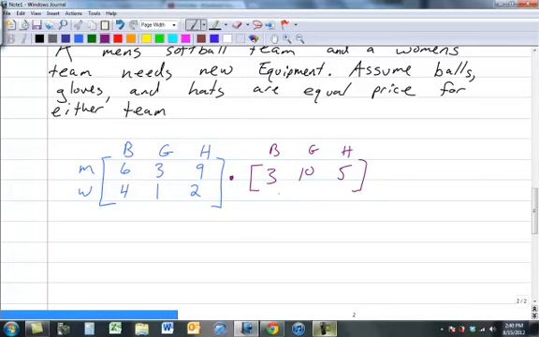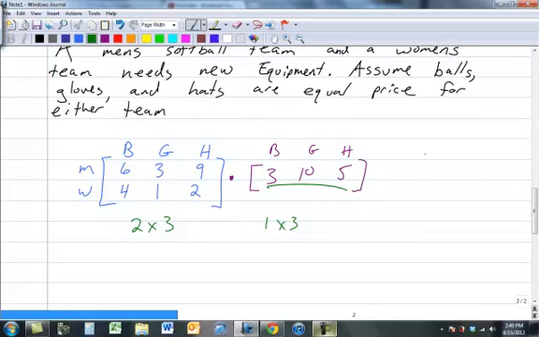That's kind of weird, right? Also, if you look at this, this is a 2 by 3. This is a 1 by 3. So by our original rules, we're not allowed to multiply these, because it also doesn't make sense just to take this and send it to both of them and get two different things.